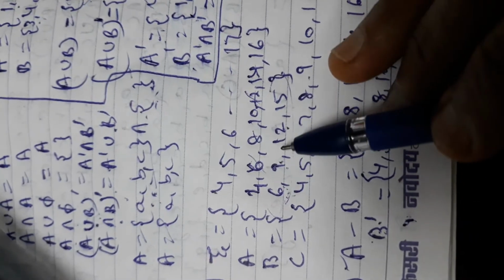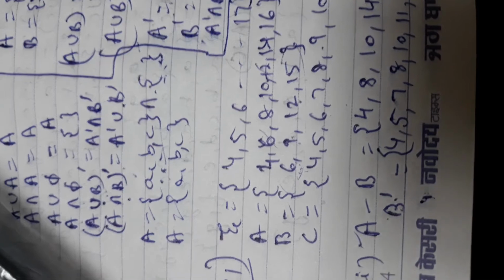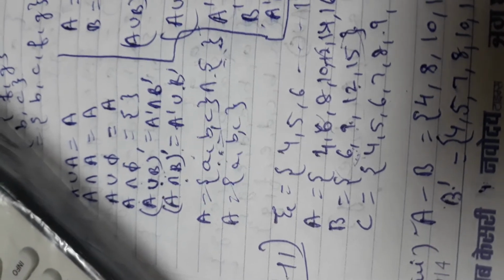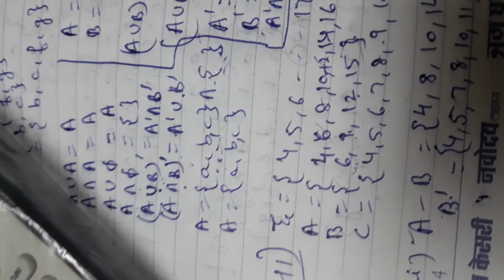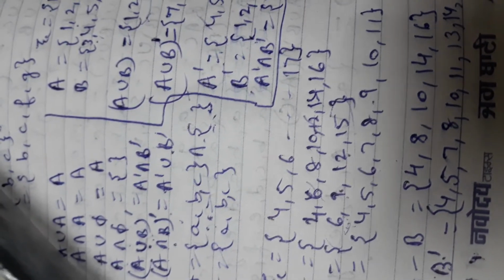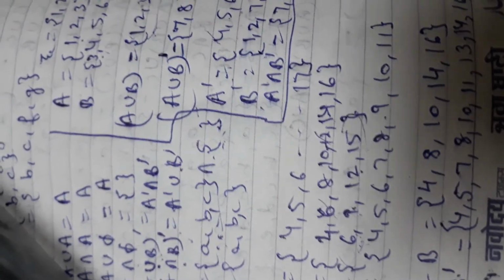Now A union B and A union C. A union B: first I write all the elements of A, 4, 6, 8, 10, 12, 14 and 16. After that I add 9 and 15. So that is your A union B. Then A union C. Again, I write all the elements of A, 4, 6, 8, 10, 12, 14 and 16.